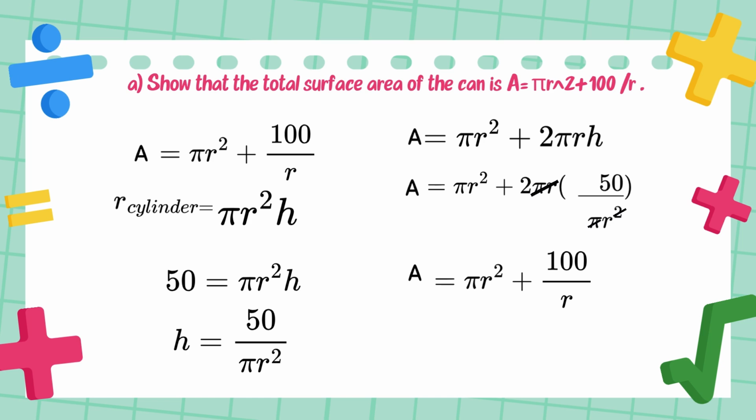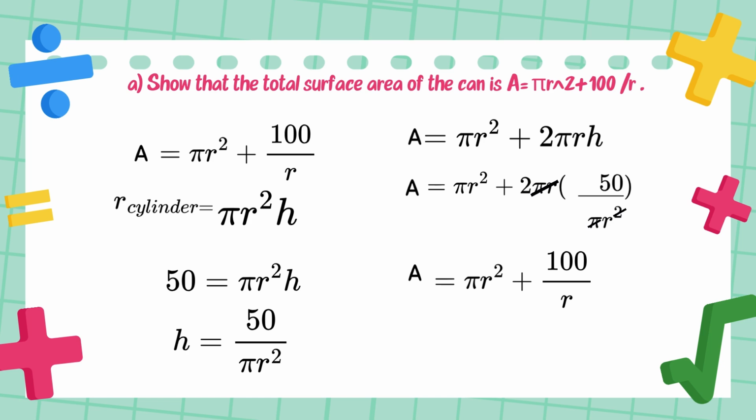Last step, we're going to substitute h from the volume equation. So from A equals pi r squared plus 2 pi r h, then substituting h equals 50 over pi r squared, it would be A equals pi r squared plus 2 pi r times 50 over pi r squared.